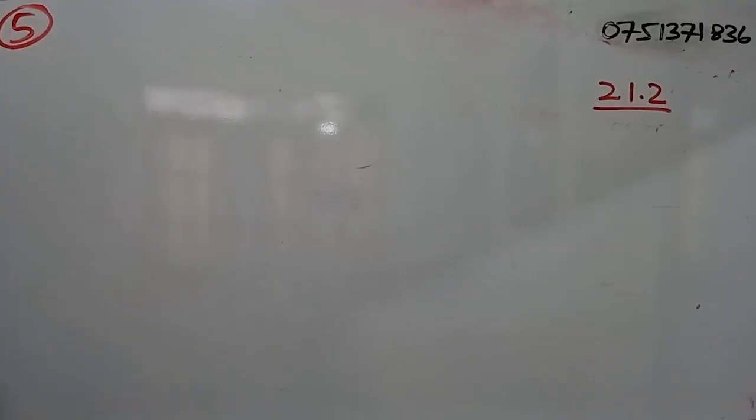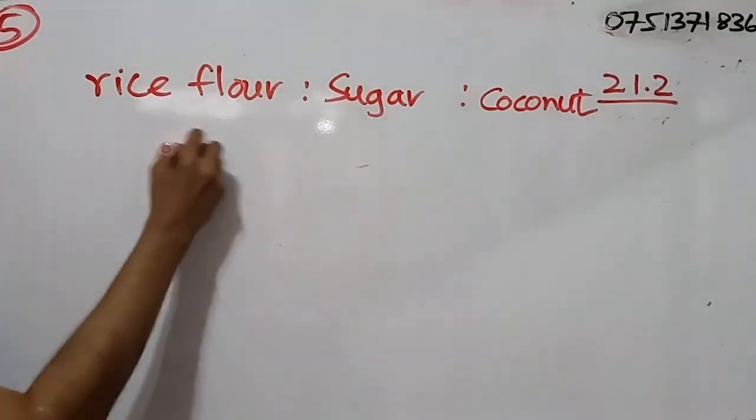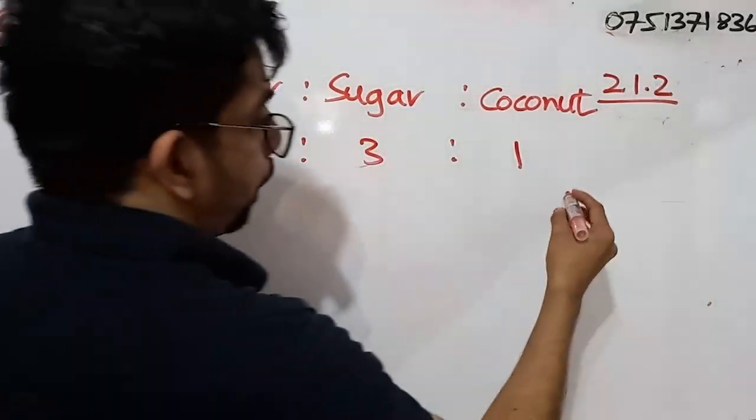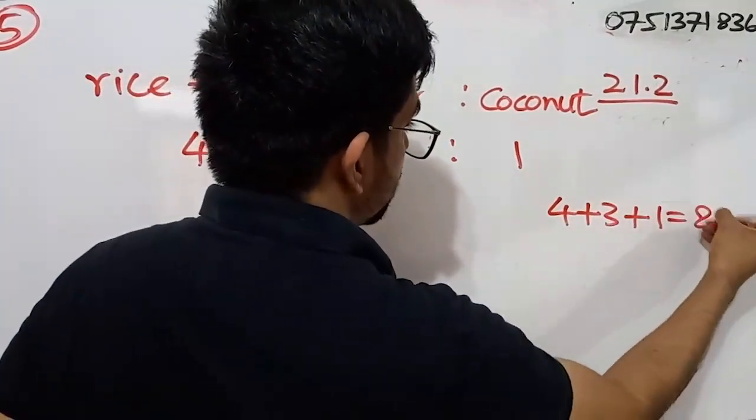Question number 5. Rice flour, sugar, coconut are mixed in the ratio 4:3:1 to prepare a certain sweet meat mixture. Find the mass of each ingredient in 2 kilograms of the sweet meat. Right. So what is the ratio? 4:3:1. So what is the total number of parts? 4 plus 3 plus 1, which is 8.